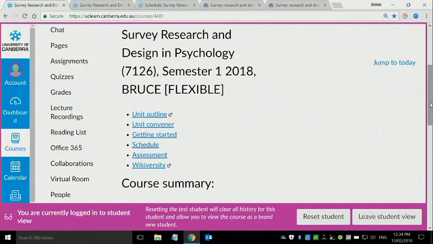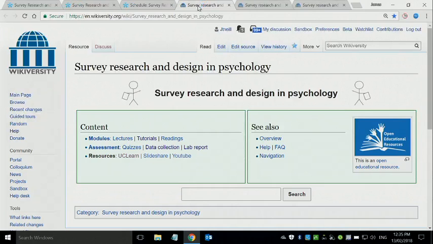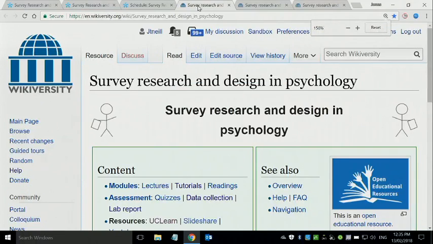Most of the content, however, like the lecture notes, the tutorial notes, and additional explanatory information, you'll find on the Wikiversity website, which is much like Wikipedia. For those of you who have already done motivation and emotion with me, you'll already be very familiar with Wikiversity.